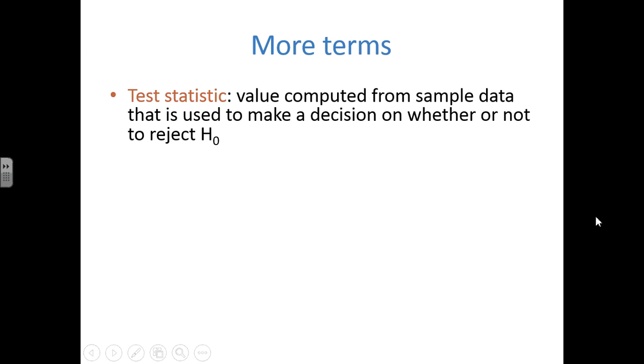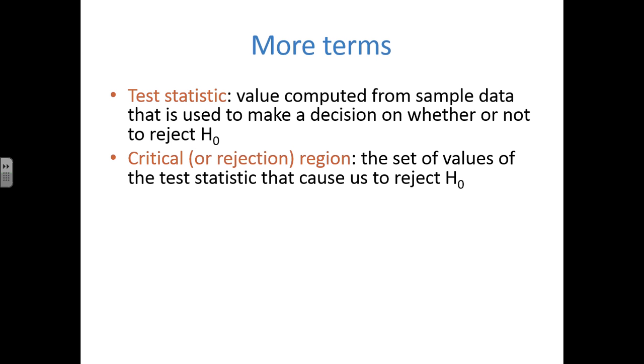So some more terms. We also have what's known as the test statistic, and this is a value that's computed from the sample data, and we use it to make a decision on whether or not we want to reject the null hypothesis. Critical or rejection regions are the set of values of the test statistic that cause us to reject the null hypothesis.